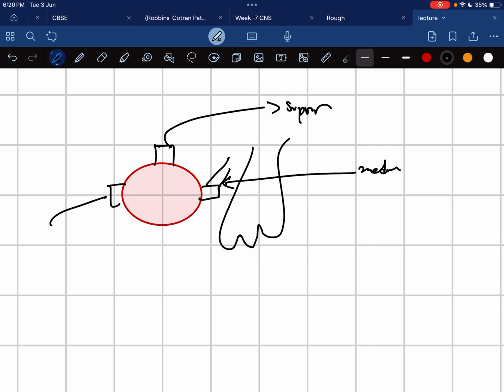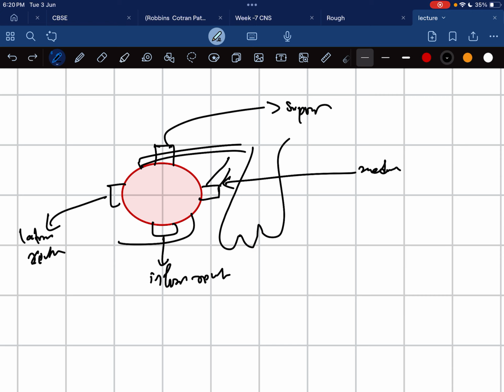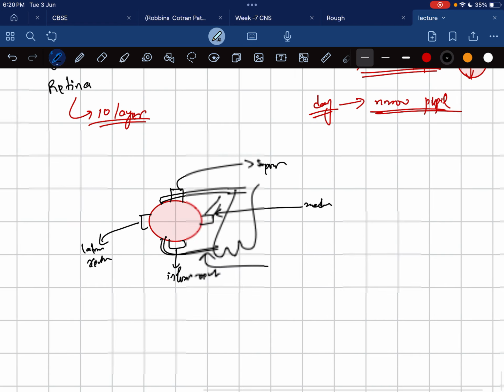On the lateral side, the lateral rectus, and the inferior rectus, and there are the superior oblique and inferior oblique. These muscles help hold the eyes and move them, and they are present in the orbits.